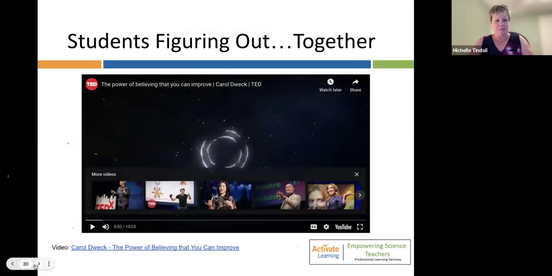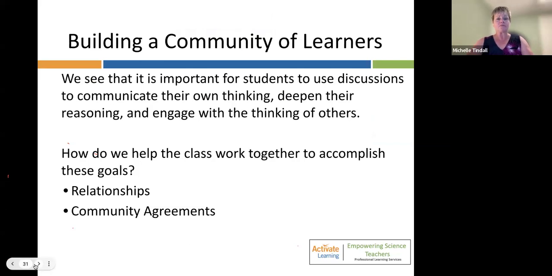Taking a look at that, the power of yet, huge, but also how do we help our class work together to accomplish the goals of figuring out science and figuring out phenomena? It's through relationships and community agreement. So thinking about how do we get our students to talk with one another, especially our secondary students and our high school students?